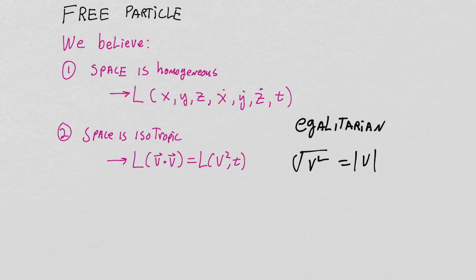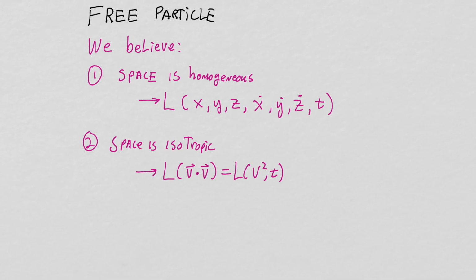So this doesn't really reduce our flexibility very much. But the fact is that space being isotropic and homogeneous has eliminated these variables and taken these guys and crushed them into a single one. And now we're left with the Lagrangian as a function of v squared and possibly a function of time.